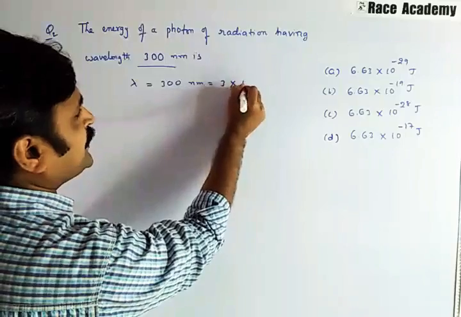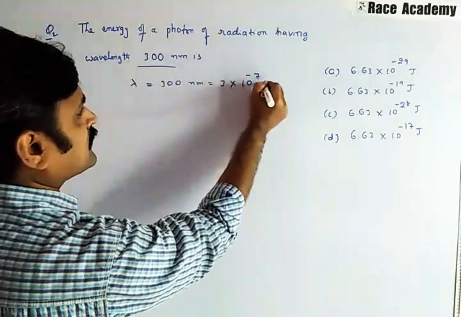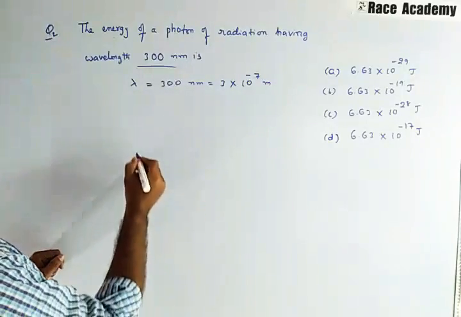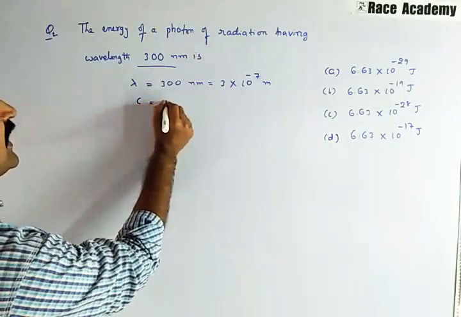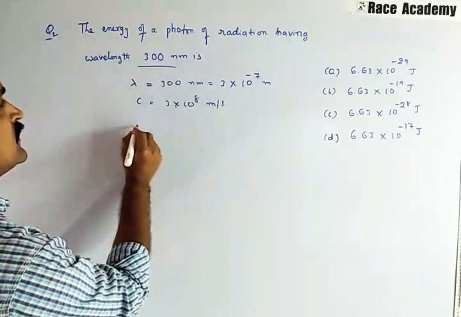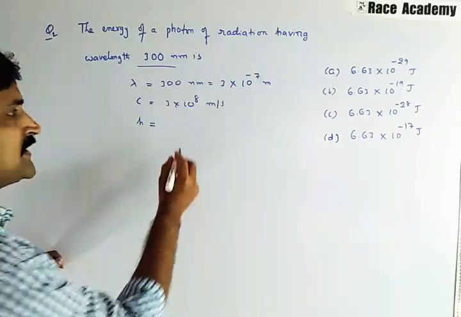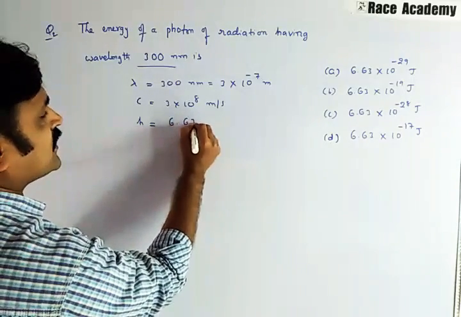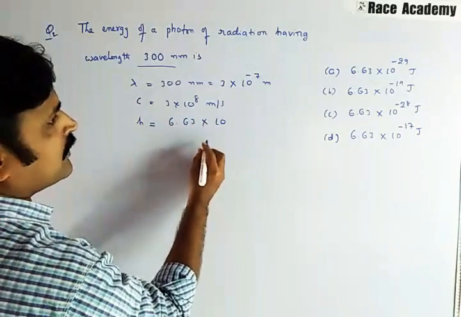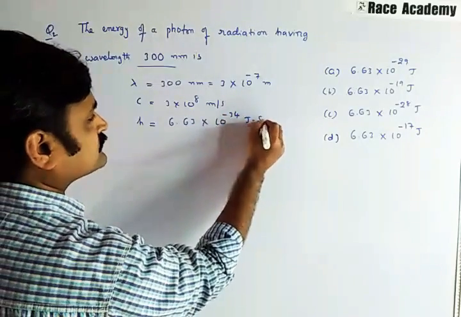So it will become 3 into 10 to the power of minus 7 meters. Moving on to the C value, you know that is 3 into 10 to the power of 8 meter per second. And the h value we will take, that is 6.63 into 10 to the power of minus 34 joule second.